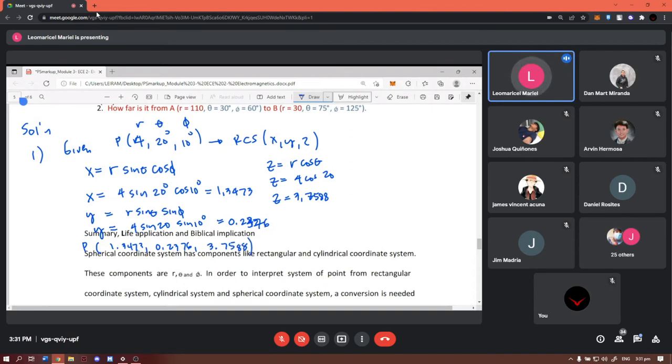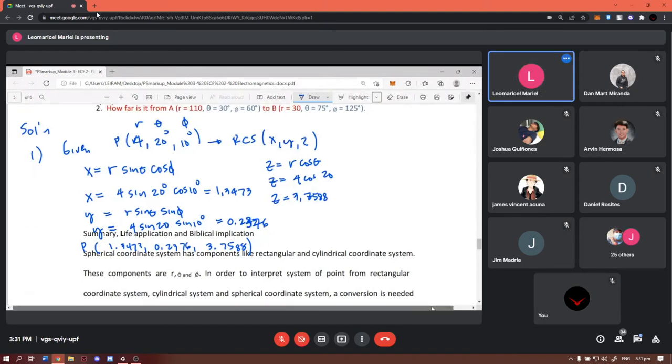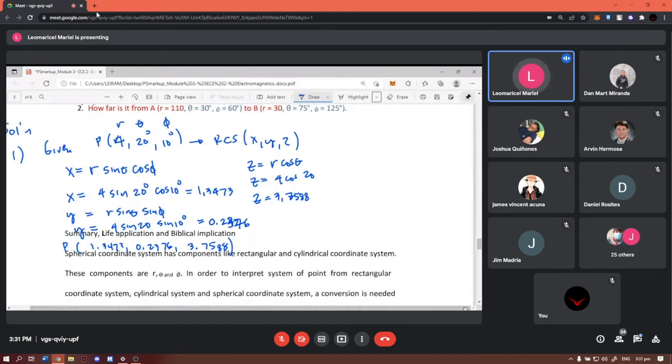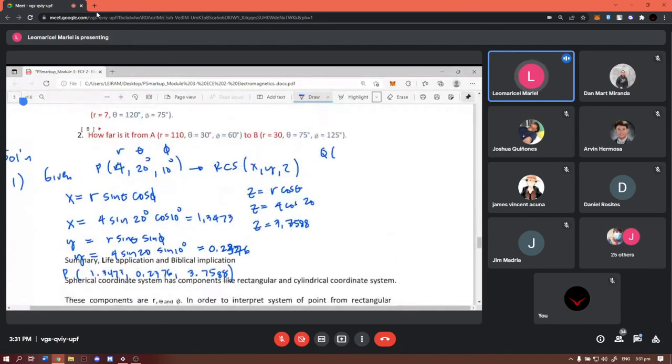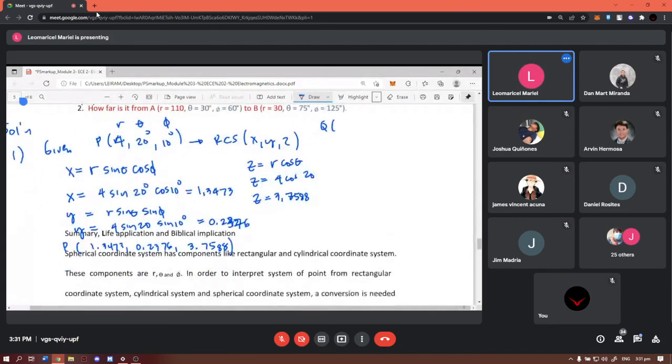For Q, ano natin yung Q? So yung Q naman, ang coordinate natin will be 7, 120 degrees, and 75 degrees.